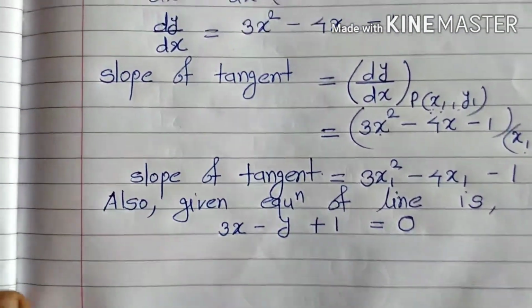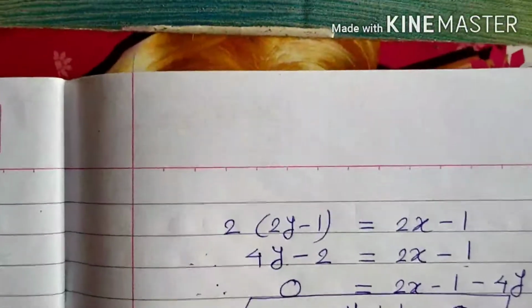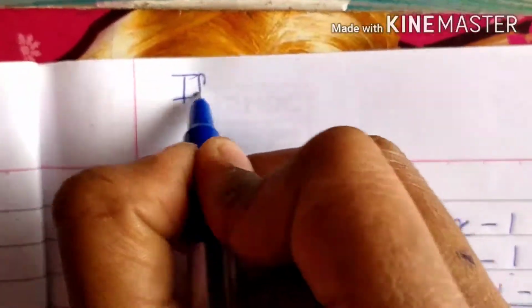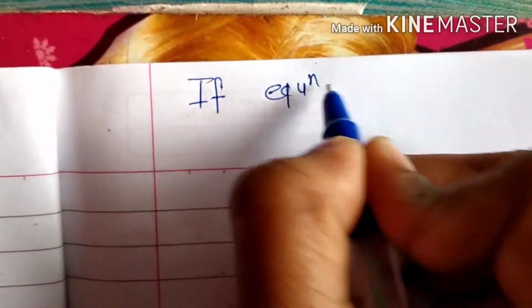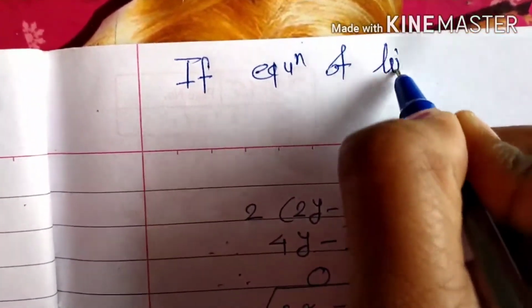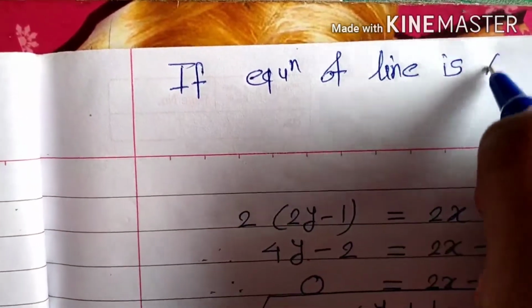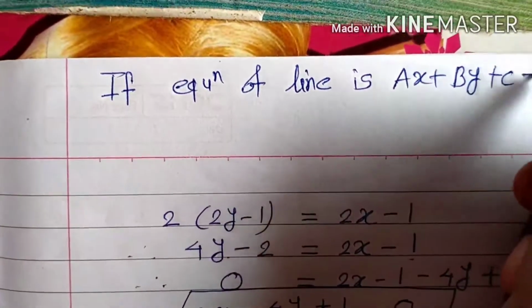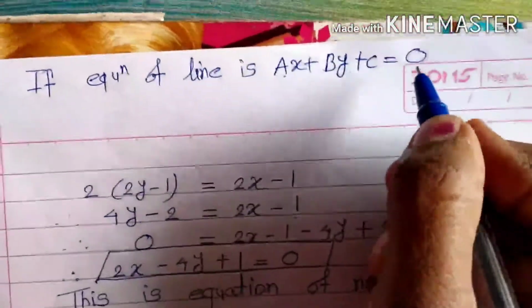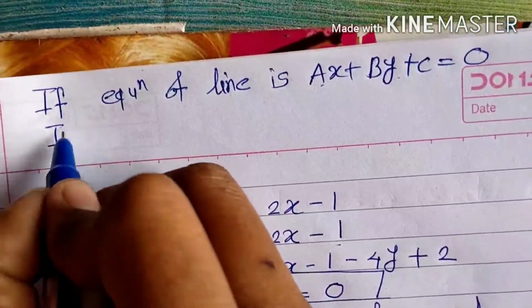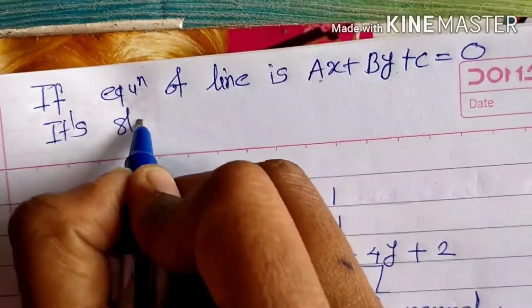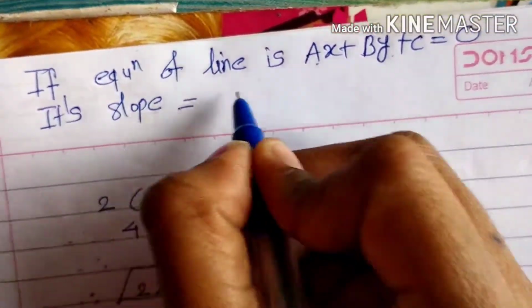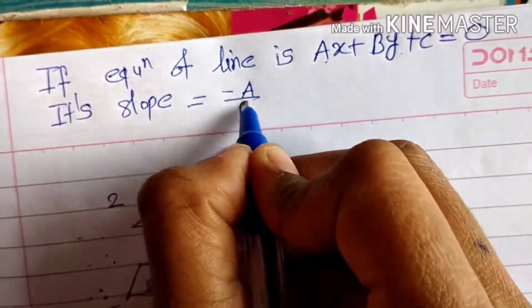So first, if the equation of line is ax plus by plus c is equal to 0, where a, b, c are constants, then its slope is equal to minus a upon b.